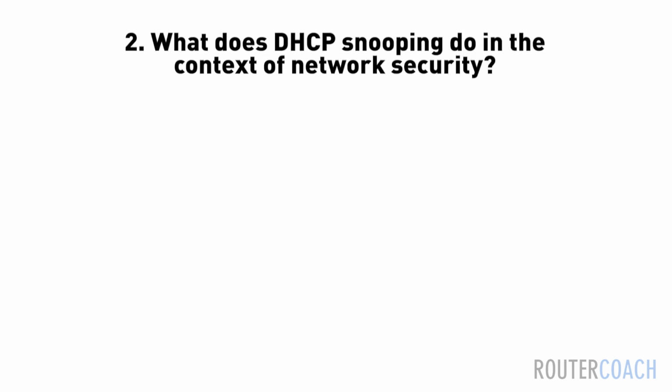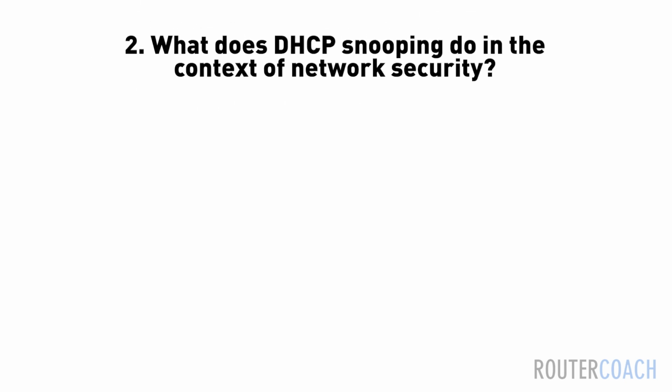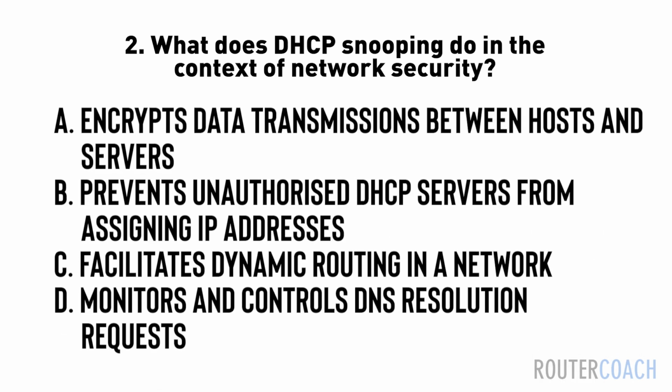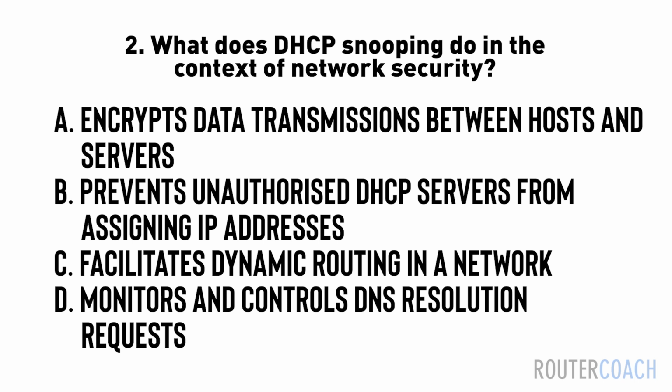Question 2. What does DHCP snooping do in the context of network security? A. Encrypts data transmissions between hosts and servers. B. Prevents unauthorized DHCP servers from assigning IP addresses. C. Facilitates dynamic routing in a network. D. Monitors and controls DNS resolution requests.